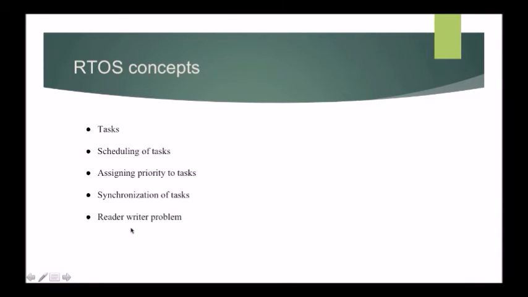Now we'll see how we can relate this project to our RTOS concepts. Through this project, we could relate some of the RTOS concepts such as tasks, scheduling of tasks, assigning priorities to the tasks, and based on the priorities, how each task is handled, and then synchronization of the tasks.